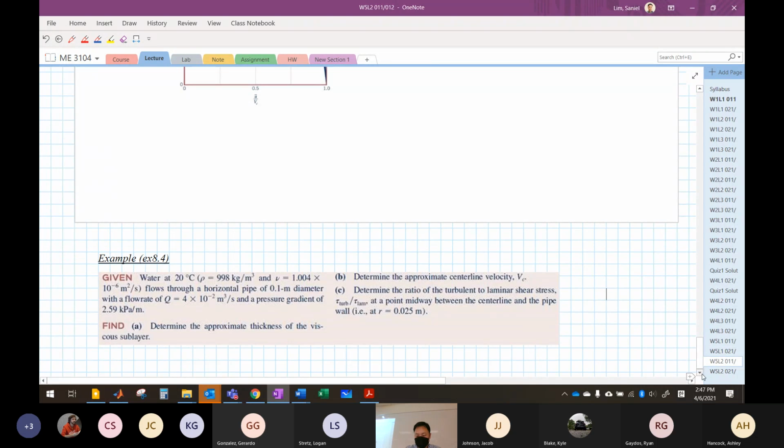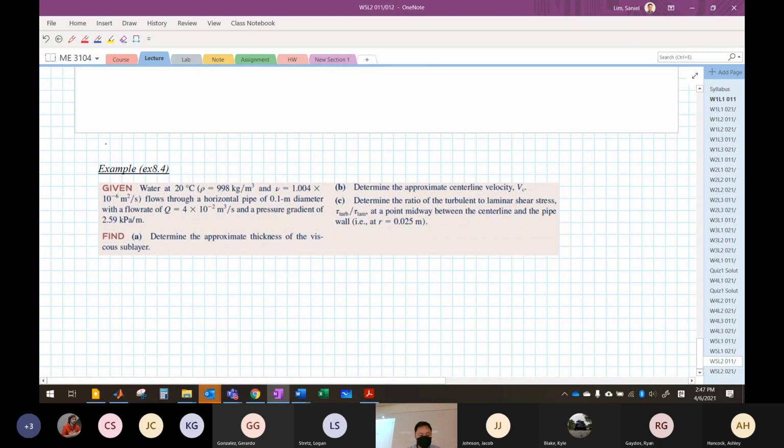So we have a water system, and the density is given. And the kinematic viscosity, or the viscosity, can be given. And it's a horizontal pipe, and the diameter is 0.1 meter.